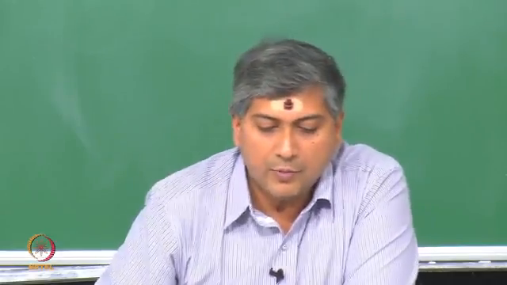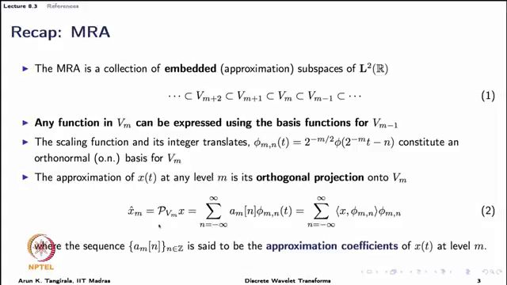Well, using the same expression that we had learnt earlier, x hat, that is the convention that we follow to denote an approximation. The subscript m denotes the level at which you are approximating. That is the orthogonal projection of x onto the subspace Vm.